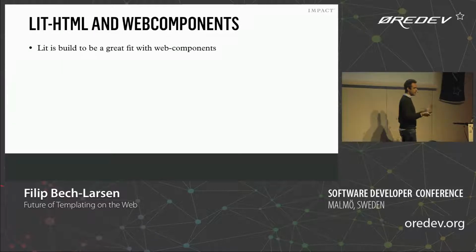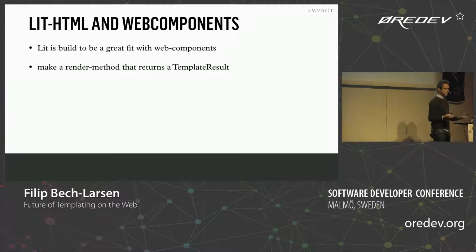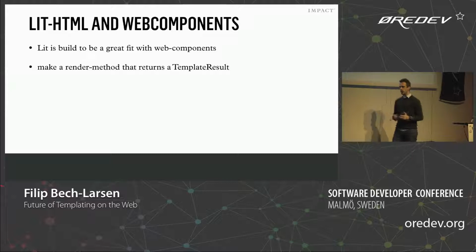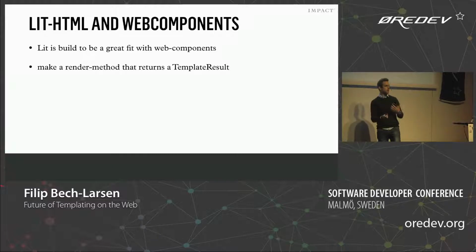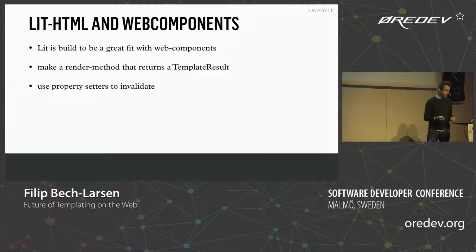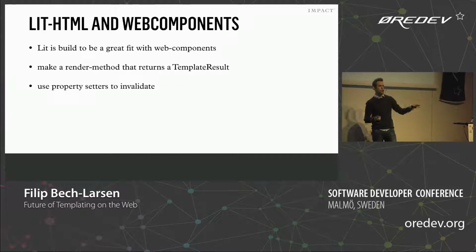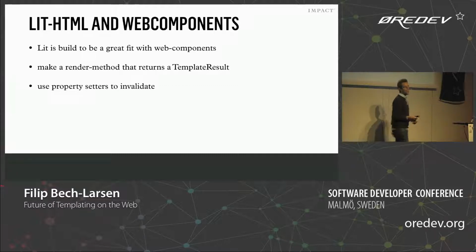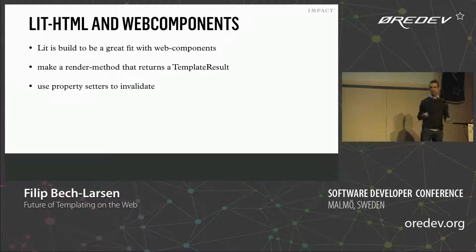So lit is built for this. It's a very great fit with web components. If we want an experience that feels like React, we would make a render method on our web component that returns a template result, so returns the tagged template literal. We would use property setters, so whenever a property changes, we automatically re-render the view, so that we have a really nice developer experience where anything that changes automatically updates for us.